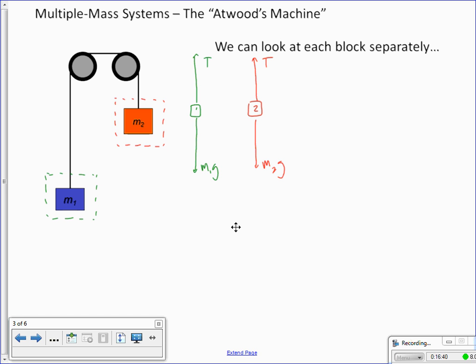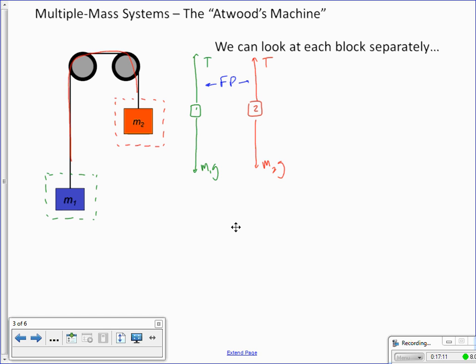Now, the weird thing about this is that this rope changes direction, but it's all the same rope. So if it's all the same rope, again, that can create a force pair for us. And even though those two T's in my free body diagrams are pointing up, those are actually the opposite direction. Pulling up on 2 and pulling up on 1 is the opposite direction.